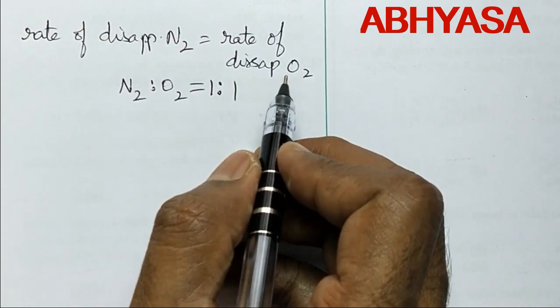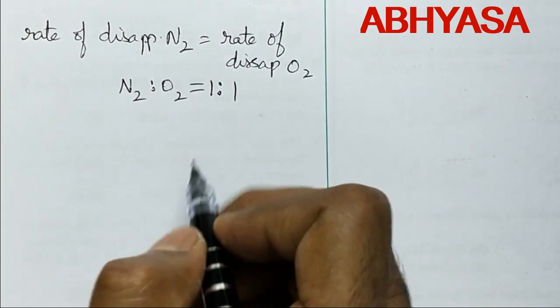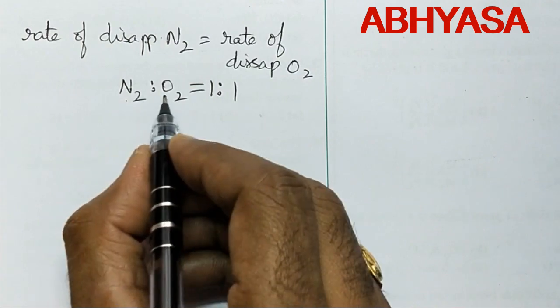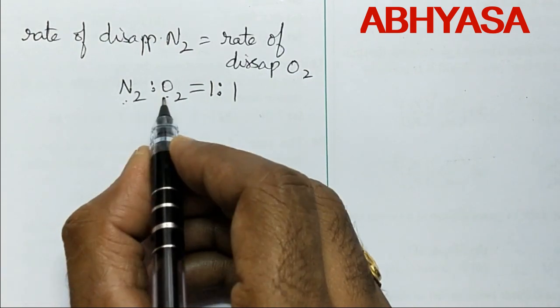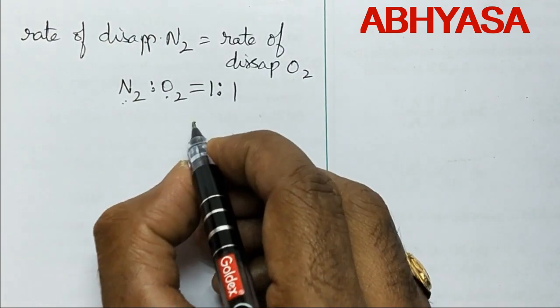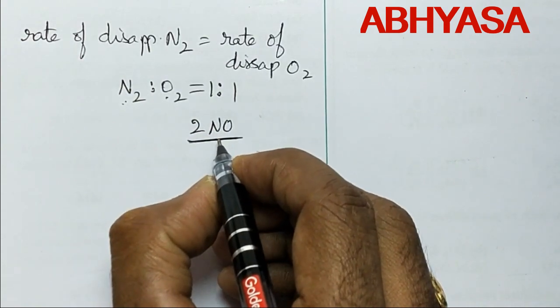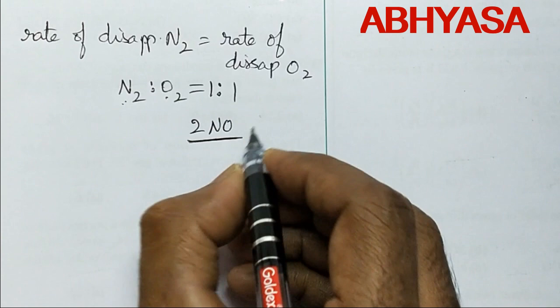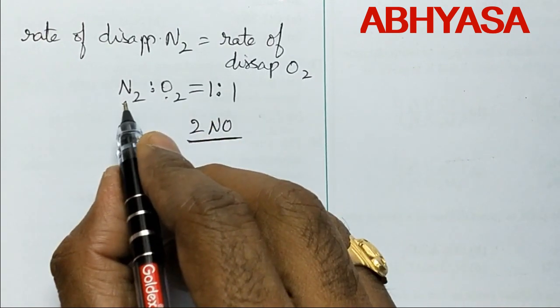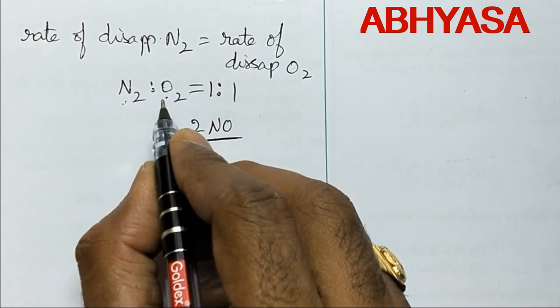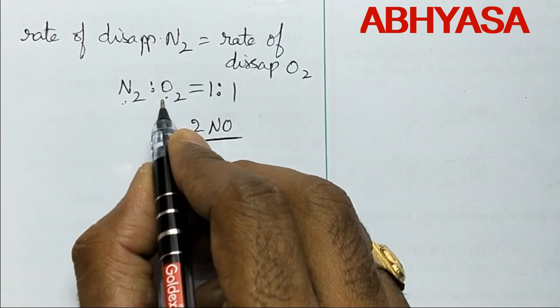But that is not the case for nitric oxide, because when 1 mole each of nitrogen and oxygen react, we get 2 moles of nitric oxide. So nitric oxide is formed at double the rate of the disappearance of nitrogen or oxygen. Is it clear?